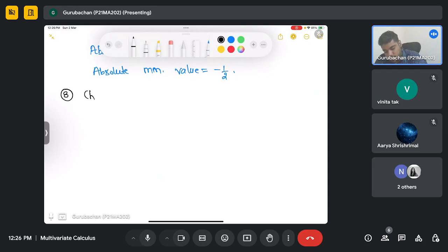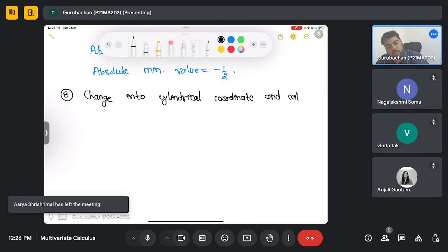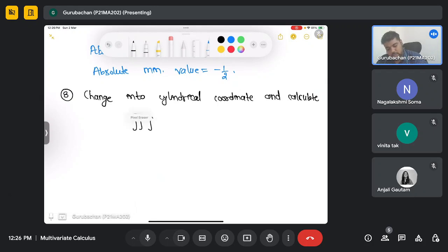So, change into cylindrical coordinates and calculate this triple integration.